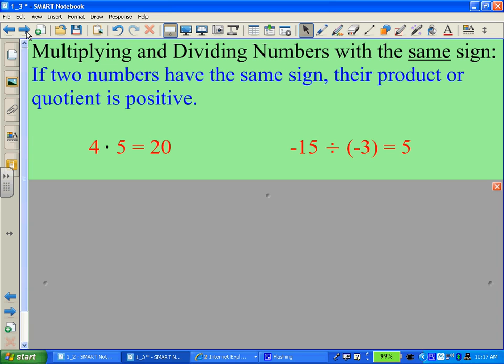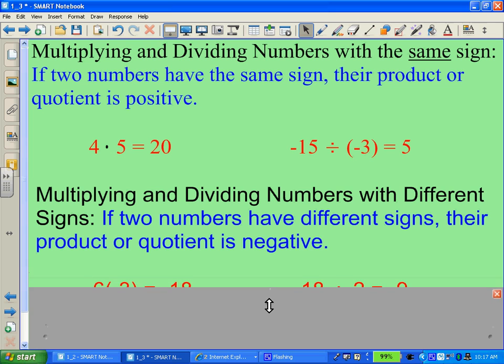try to keep them separate. So here's the first rule: if you are multiplying and dividing numbers that have the same sign, either they're both positive or they're both negative, then that answer will always be positive. Same sign, positive, for multiplying and dividing.